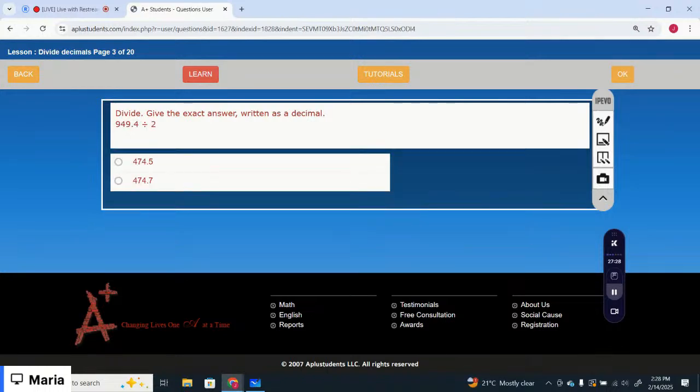The next one is 949 point divided by 2, which is the correct option.